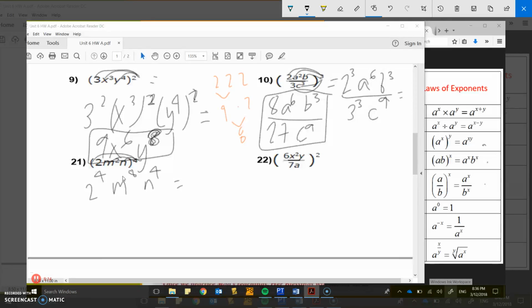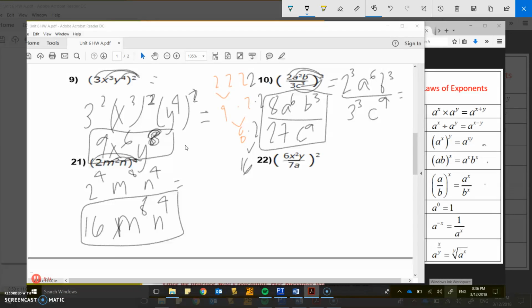Almost done. 2 times itself 4 times is going to be just like this, but we're going to add another 2. 8 times 2, 16. So, 16, M to the 8th, N to the 4th.